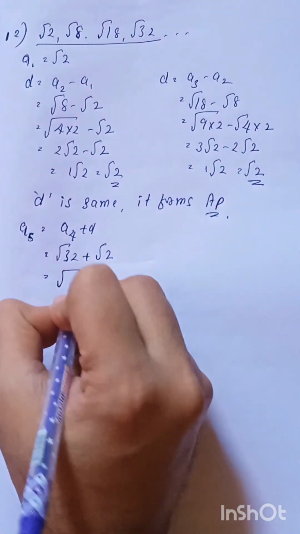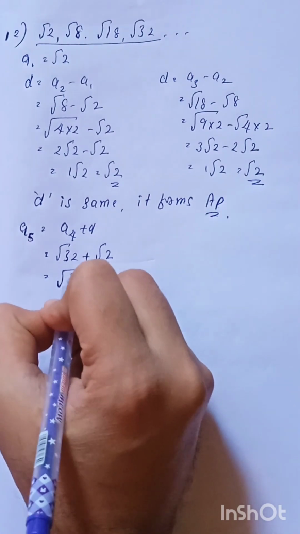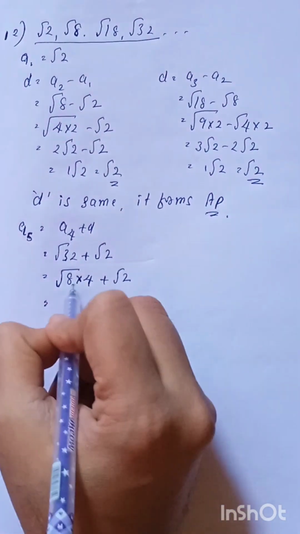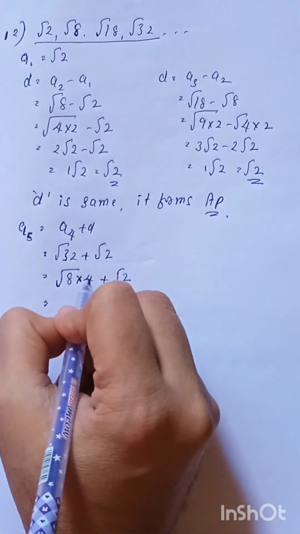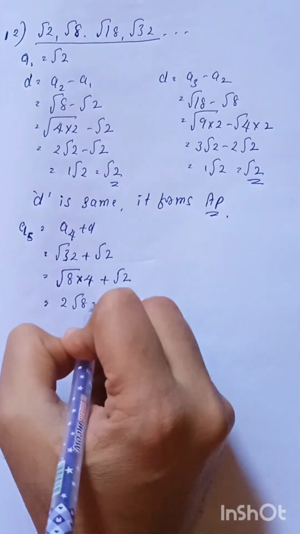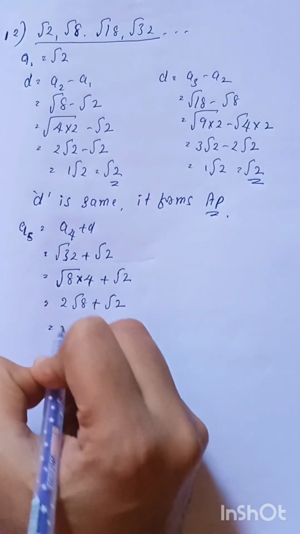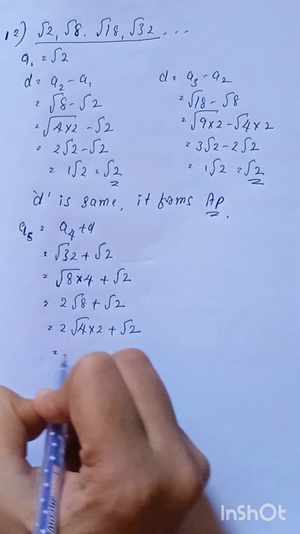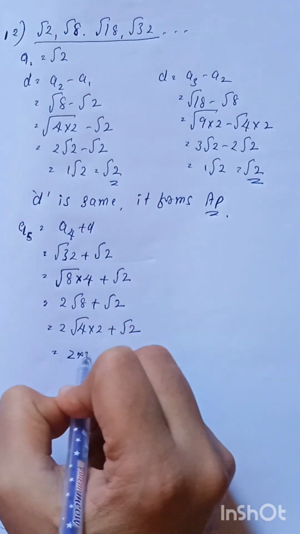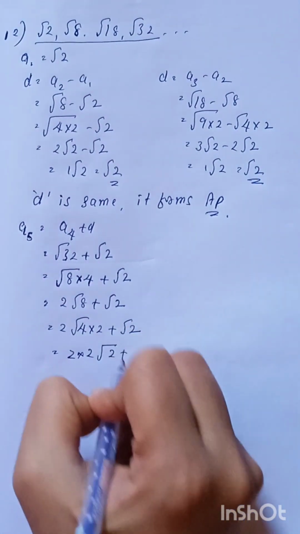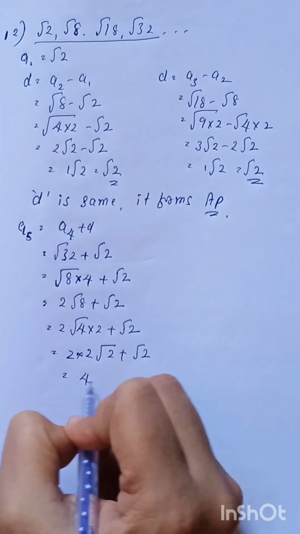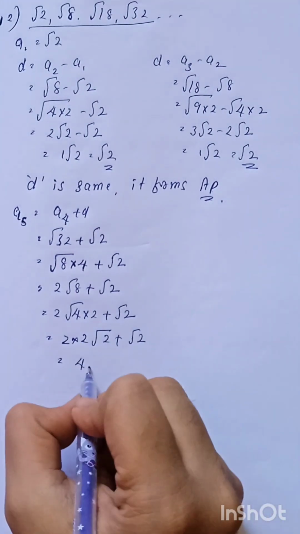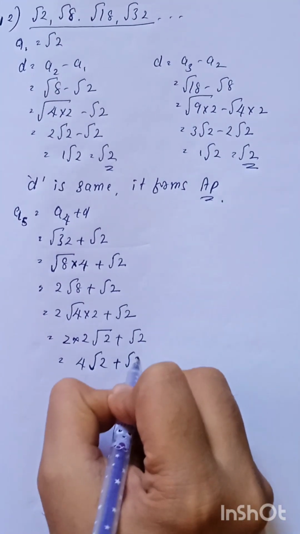8 into 4 plus root 2. So 4 taken out of the root becomes 2 root 8 plus root 2. In the same way, 8 is written as 4 into 2 plus root 2. If you take 2 out of the root, it is 4 root 2 plus root 2.